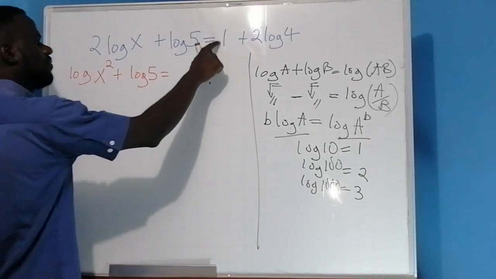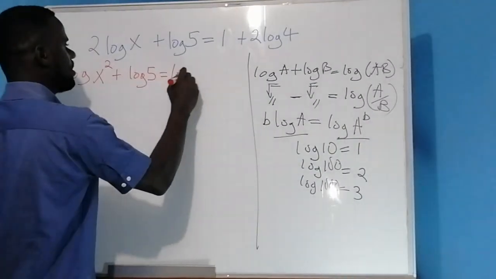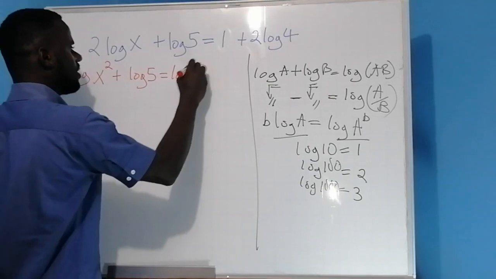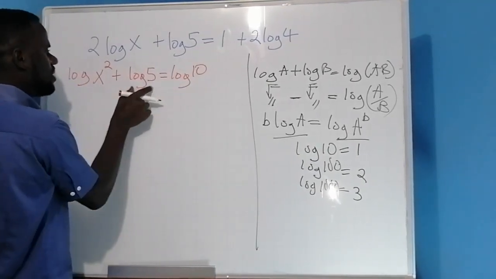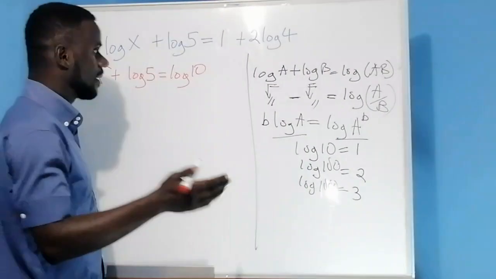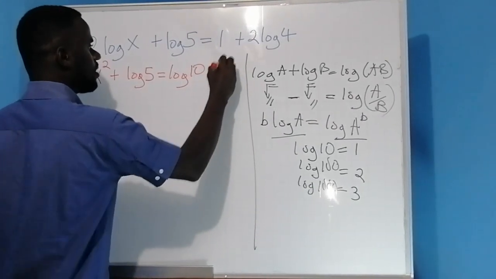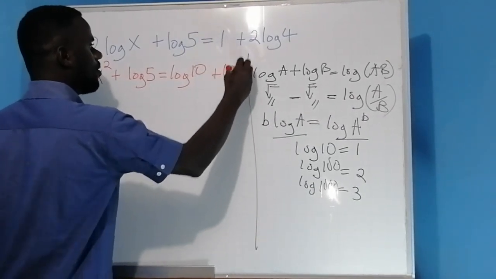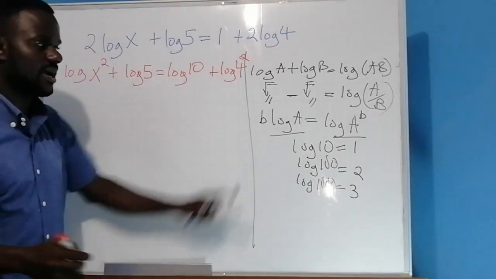Like I said, we have to write this 1 in its logarithmic form, and that 1 will be log of what? 10. Make sure whatever it is you're writing here is equivalent to the other bases, such that all the logs have one or a similar base. Now, plus this other one will be log of 4 raised to power 2. So this is where you'll earn your first mark.